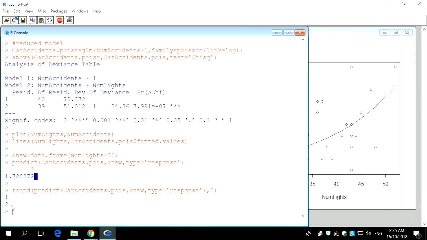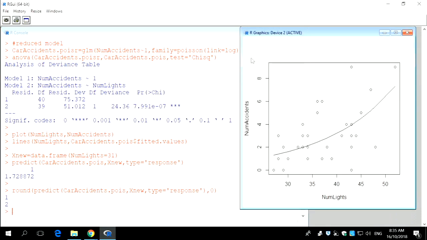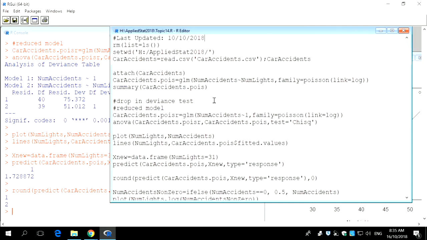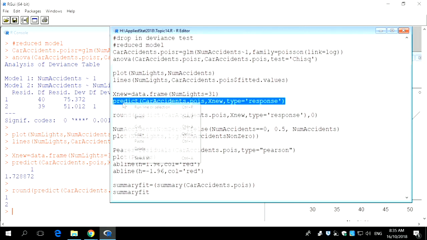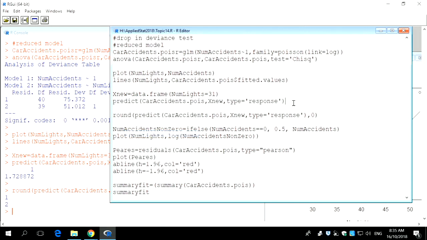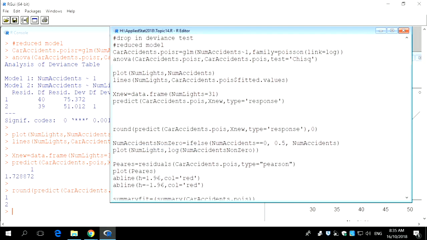So this is our prediction, which is equal to 2. The first question here is: how about we do not specify x new, we just use the data frame directly in the predict function. Let's have a try.